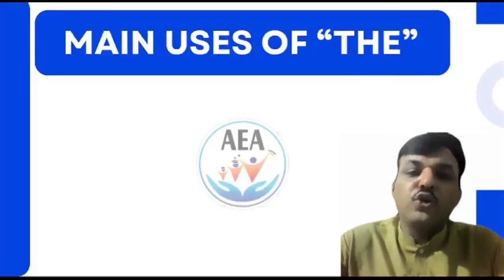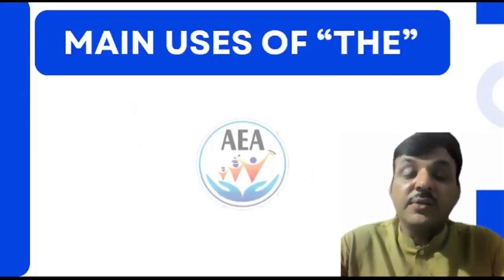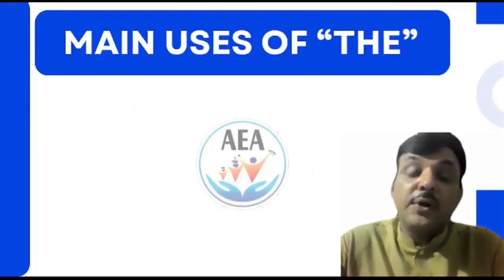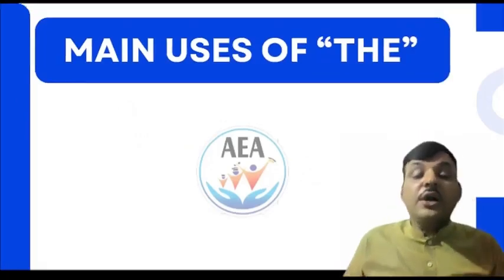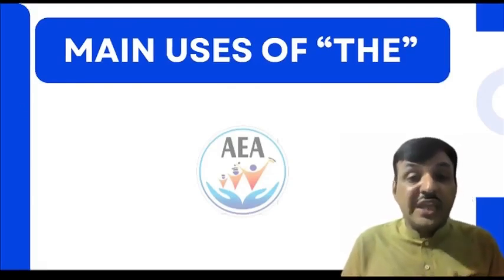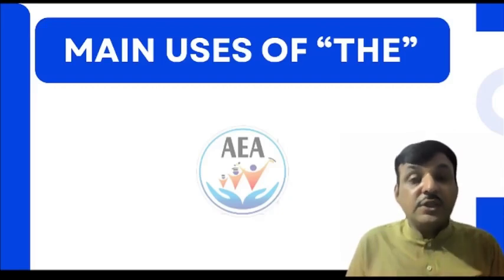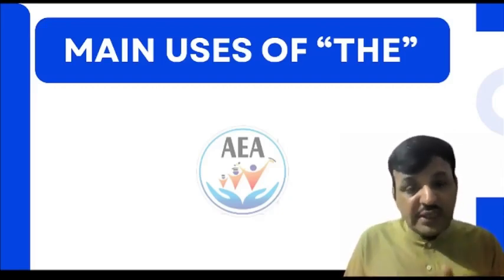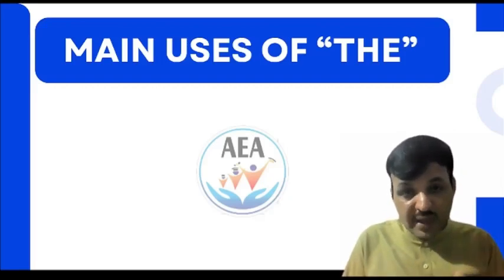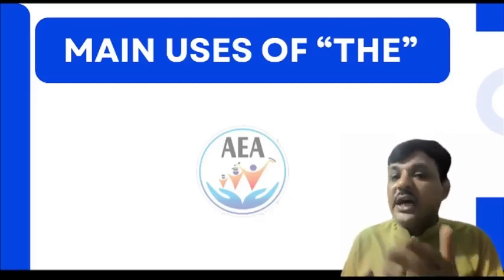We always use the article "the" to make things specific. There are 10 uses of the article "the" in English that I have found. In this video, I will tell you the first 5 uses. After explaining each use, I will give you an example and then a task to do.